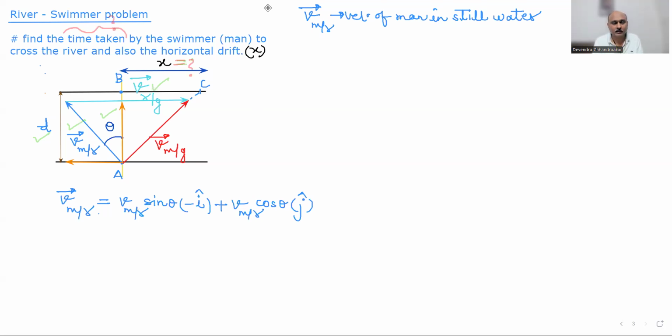So these are the components. This is how we can write VMR. Anybody having any doubt in finding the components, please ask. Nilab, understood? Yes, sir. Pranav, you understood or not? Yes, sir.